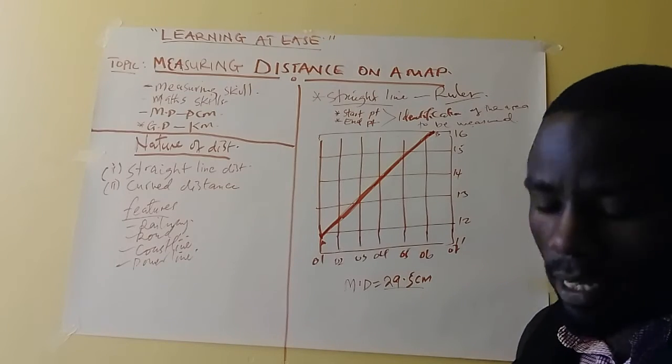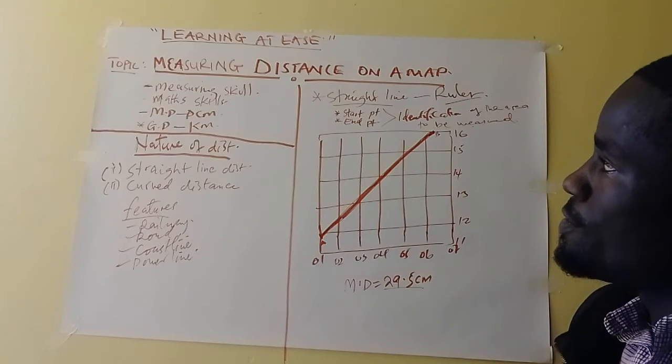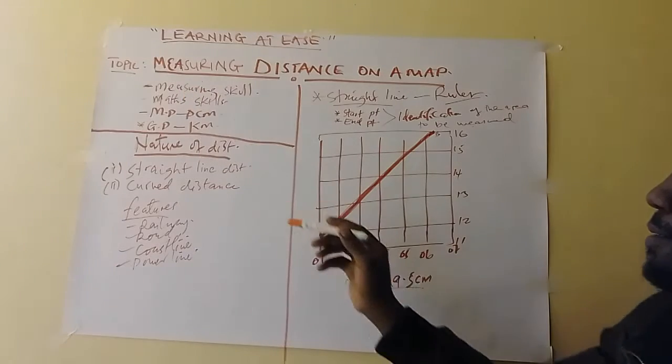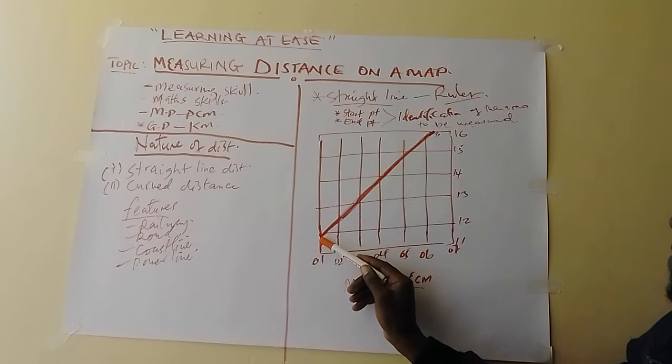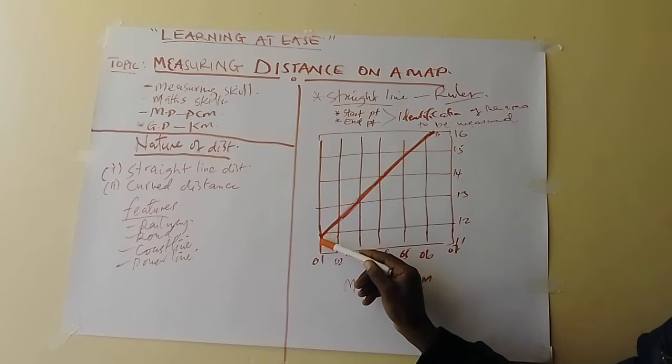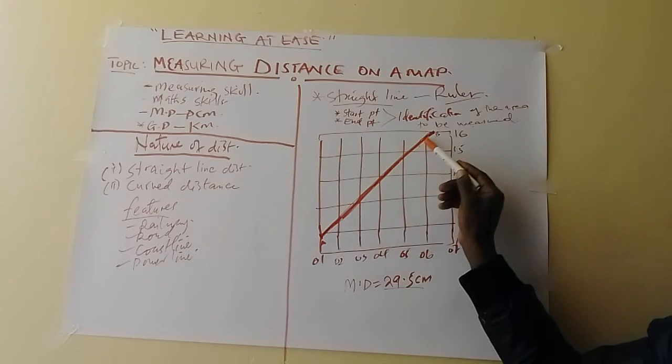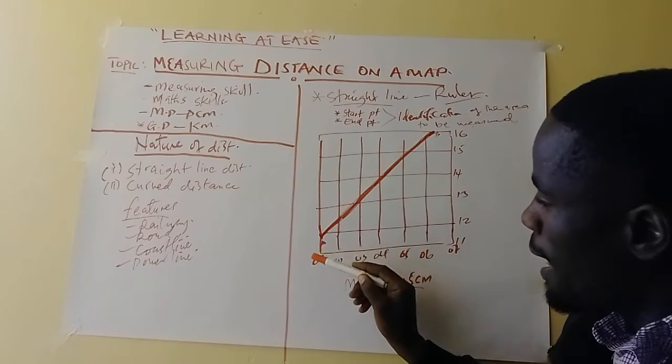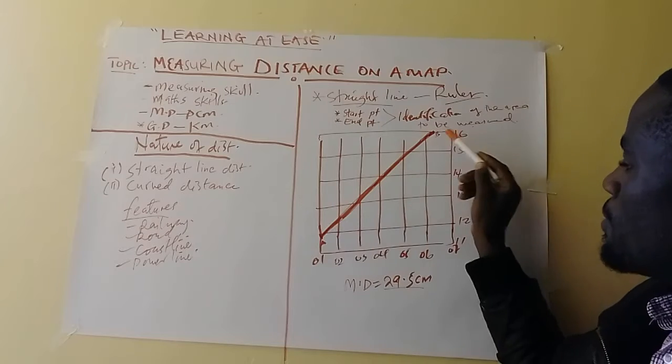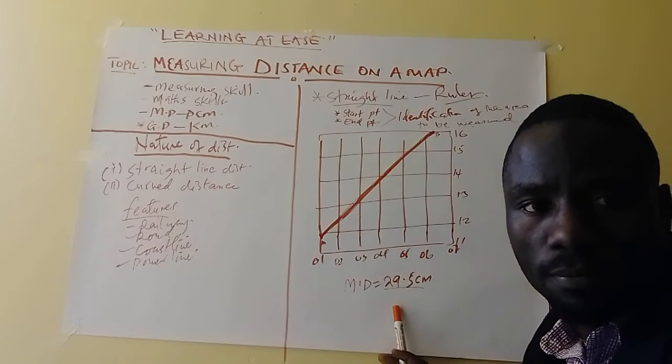So it has not ended. I've said that the examiner is interested in finding the measuring skill. The measuring skill is, can you read accurately from your ruler? Can you place the ruler perfectly here? Can you measure perfectly from here up to here? This is what they are looking for.